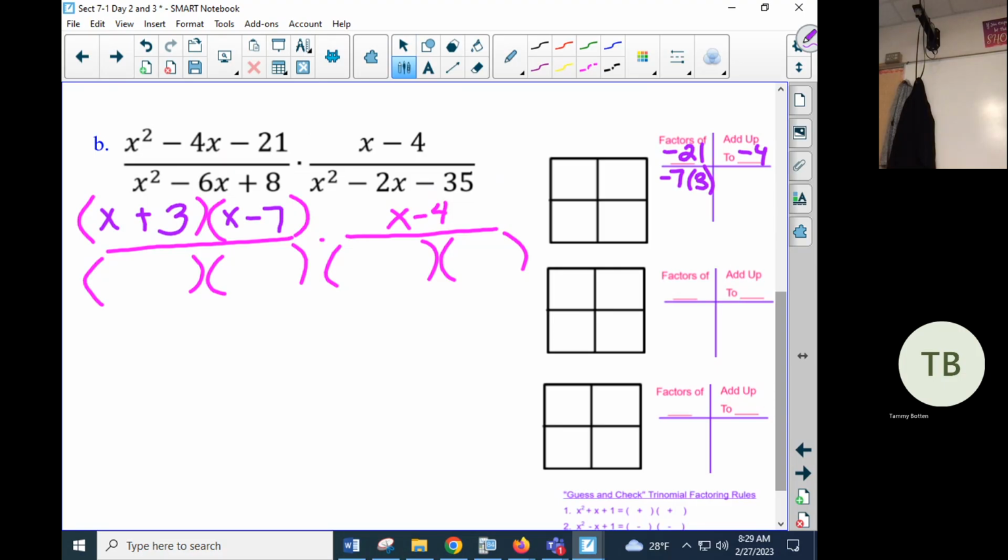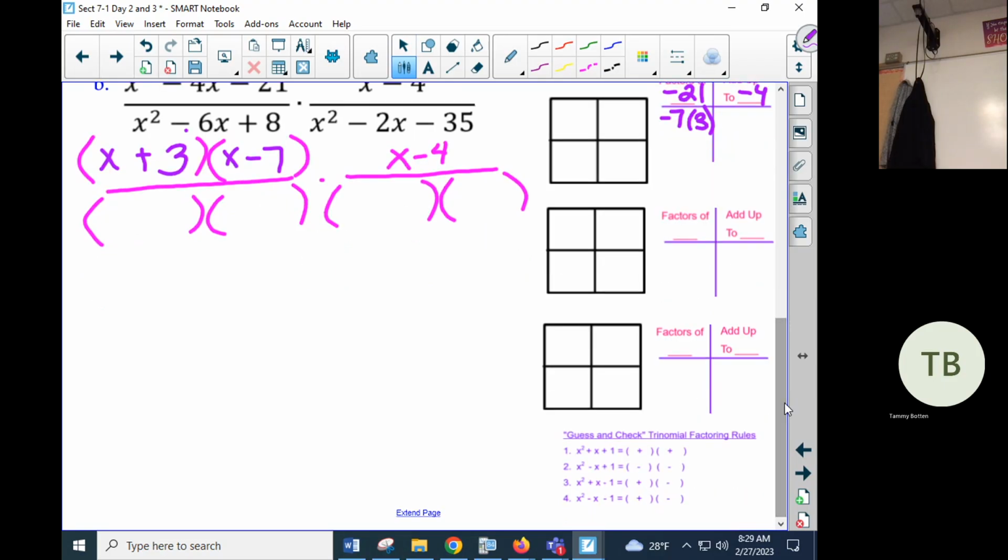Now let's go to this one. This is the one where it's minus and a plus. When it's minus and a plus, that means you have 2 negatives. So you have a negative and a negative. This is x squared, so we do x and x. And then we have 8.